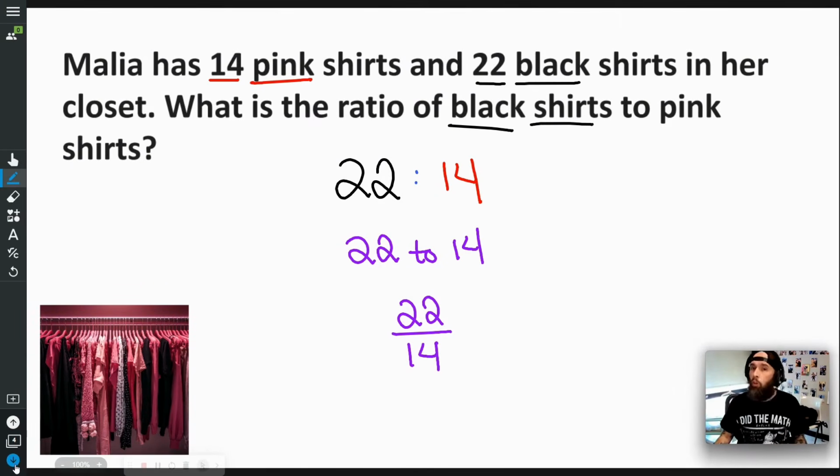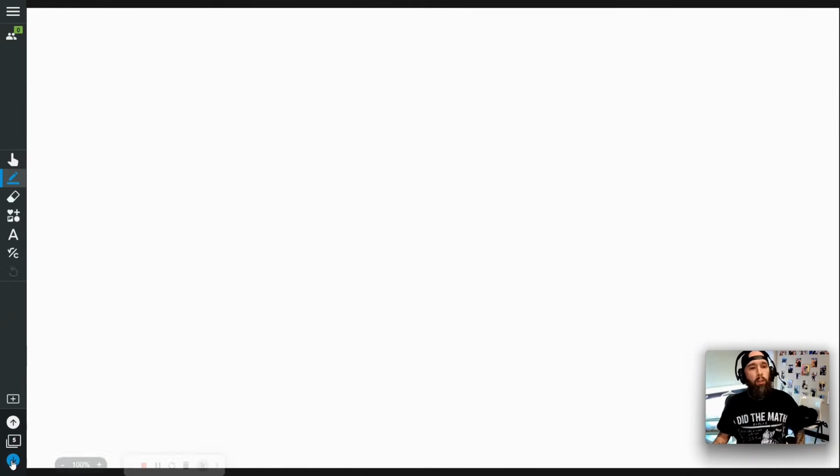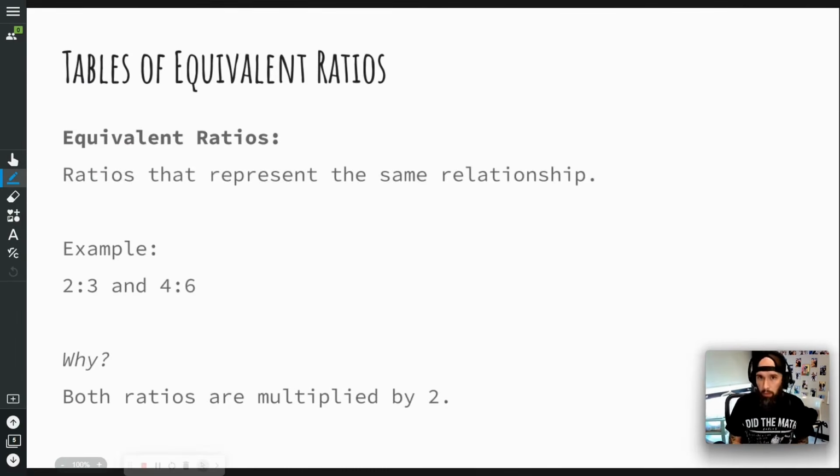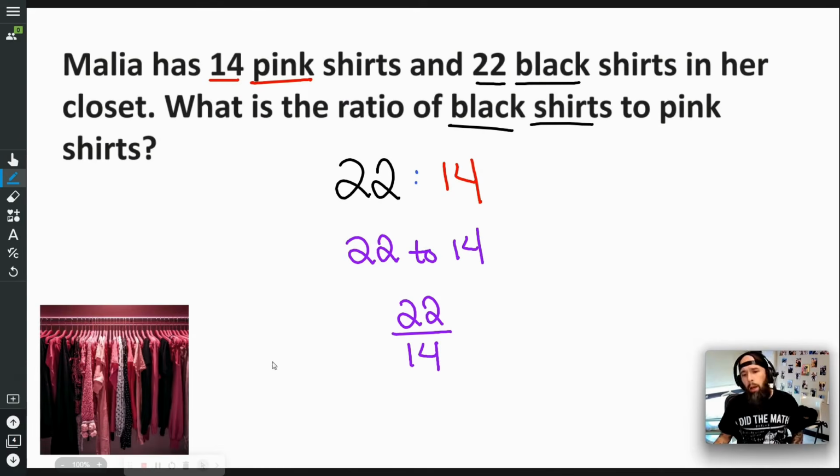This video is going to talk about tables of equivalent ratios. Equivalent ratios are ratios that represent the same relationship. You might look at that fraction and say, I learned that a fraction with an even number over an even number can be simplified.